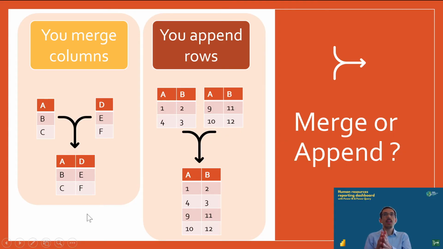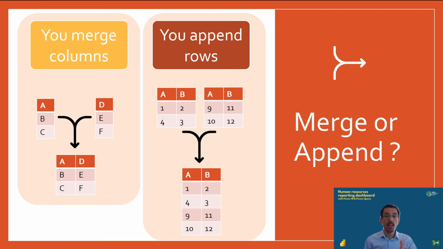There are a lot of other possible transformations that you would need to do in some cases with your exports. Like if you have 12 monthly documents, you can use the append rows function to have a global table. You could use the transpose or unpivot functions if you need to restructure your data.